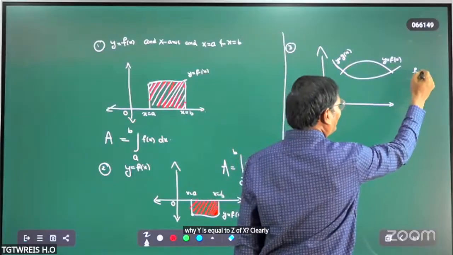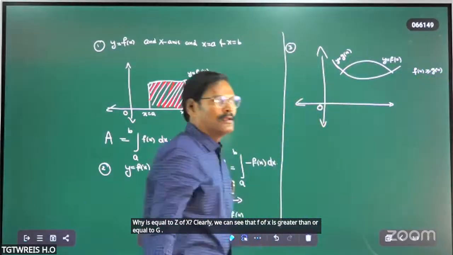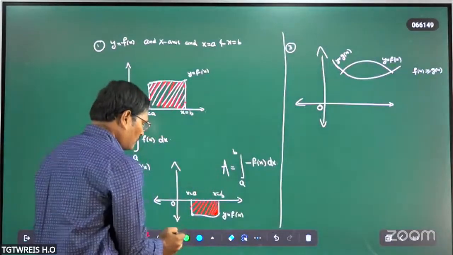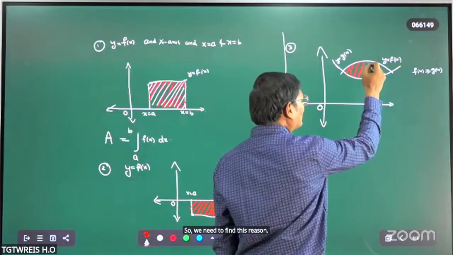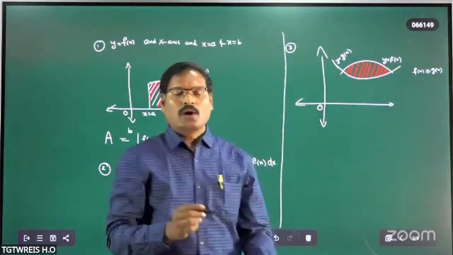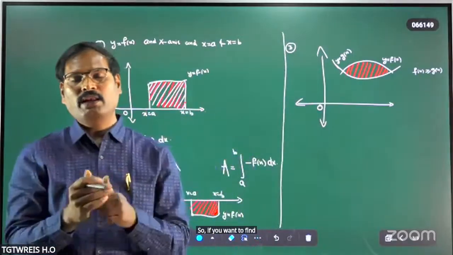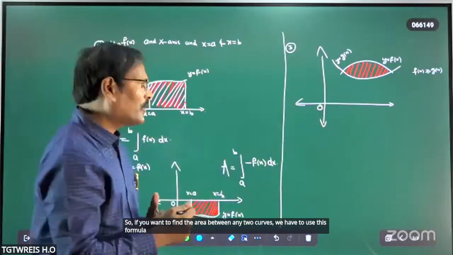Clearly we can see that f of x is greater than or equal to g of x. So we need to find this region. If you want to find the area between any two curves, we have to use this formula. So what is the formula?